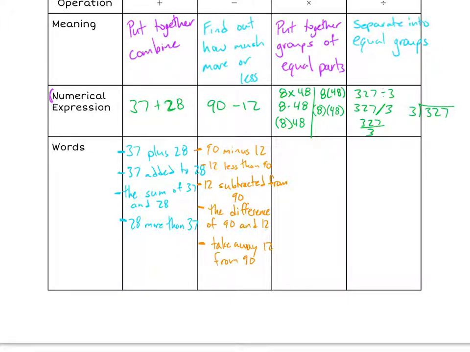Notice that order is important. We wouldn't want to say 12 minus 90. It is 90 minus 12. We wouldn't want to say take away 90 from 12, because that's not what the problem is.